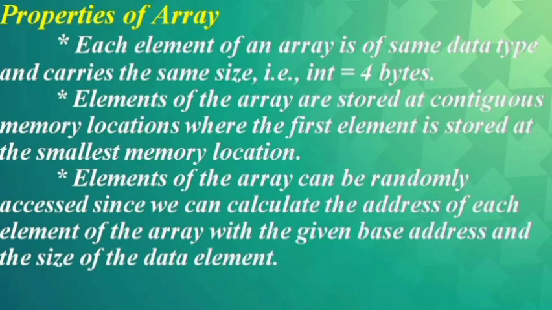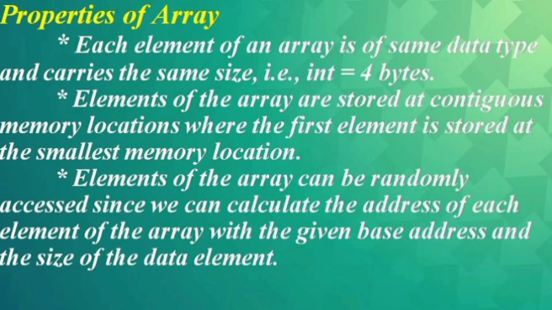Next, properties of array. Array contains some properties. Each element of an array is of same data type and it carries the same size, that is int data type equal to 4 bytes. The next property is elements of an array are stored at continuous memory locations where the first element is stored at the smallest memory location, that is at the 0 level.